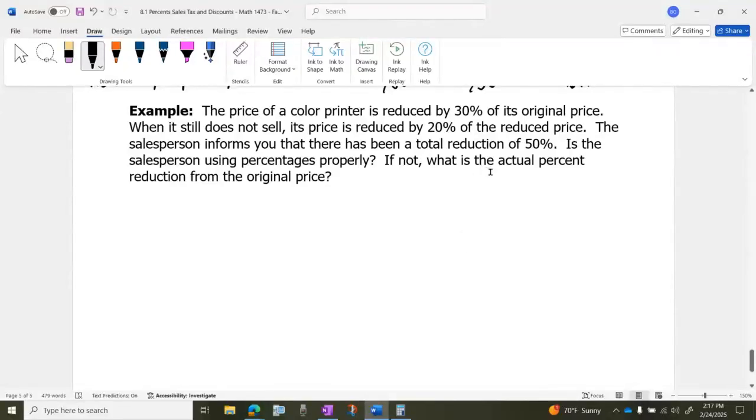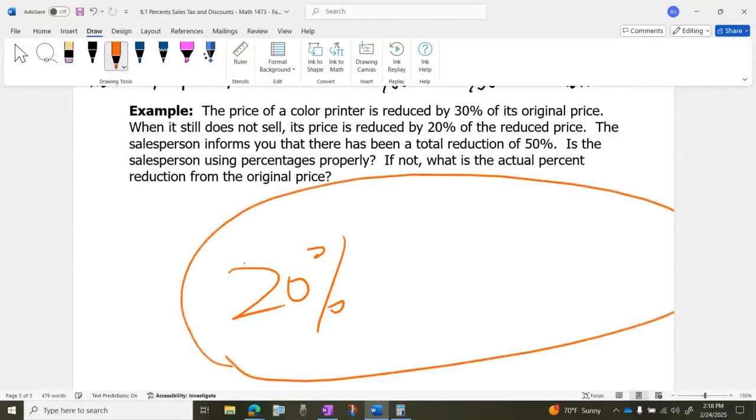Okay? Here I need to emphasize. When we talk about percent, a number followed by percent is meaningless if we only say how many percent. Whenever we talk about percent, there's a package that goes with it. 20% of what? Whenever you hear 30%, 50%, 20%, ask 20% of what?